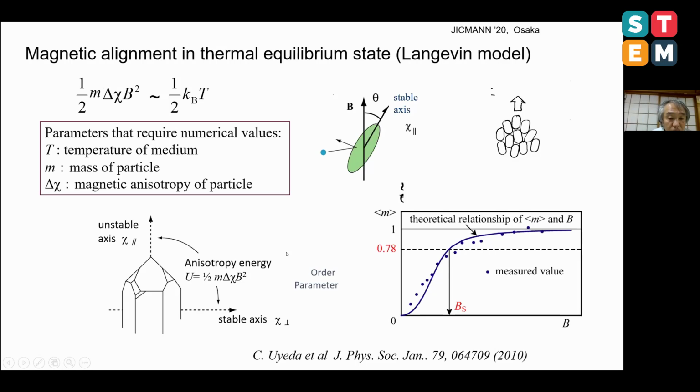And we know that by the anisotropy of delta chi, we see that a diamagnetic material can exhibit rotation by a field-induced anisotropy energy.